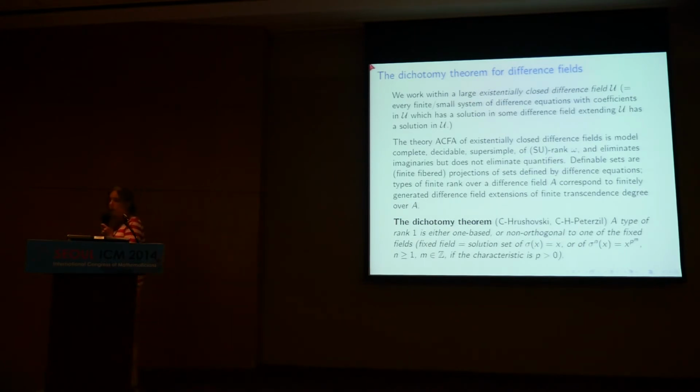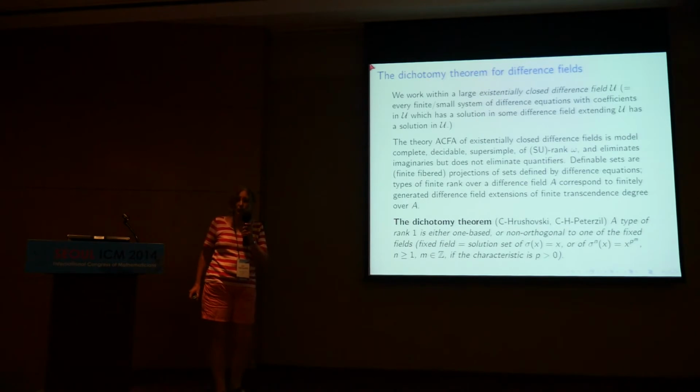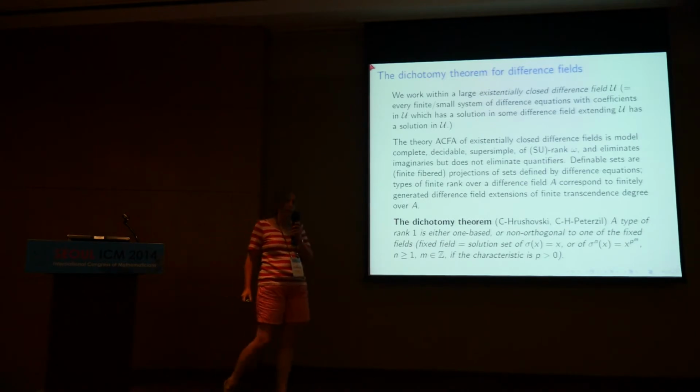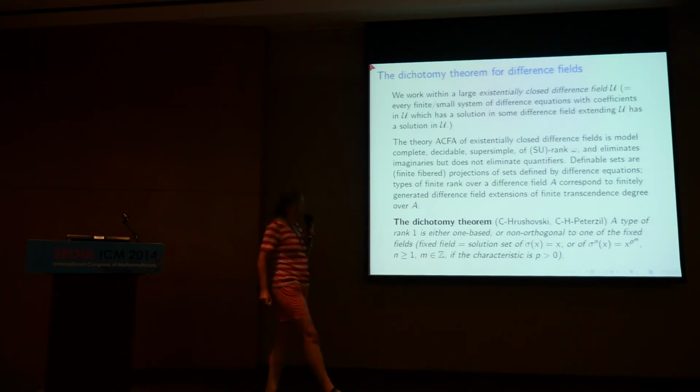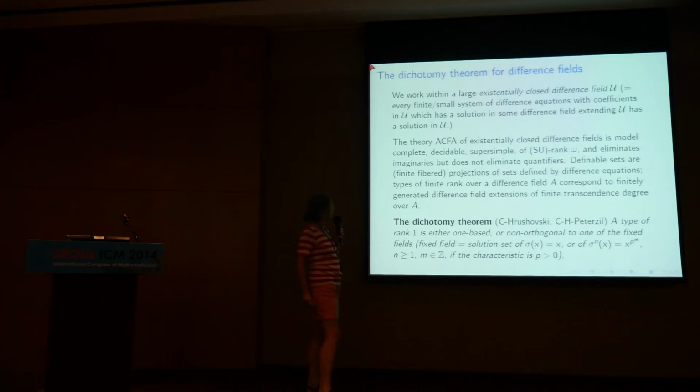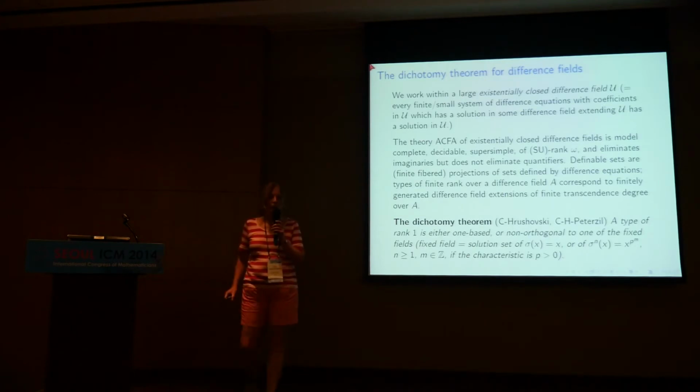Okay. So, as usual, when model theorists study a class of structure, they are interested in some universal model, and they look at the theory of existentially closed models. In other words, the models in which every system of difference equations, which has a solution in some extension, has a solution. Now, clearly, this cannot be quite possible the way I stated, so you need to impose a bound on the size of the system of equations, right?